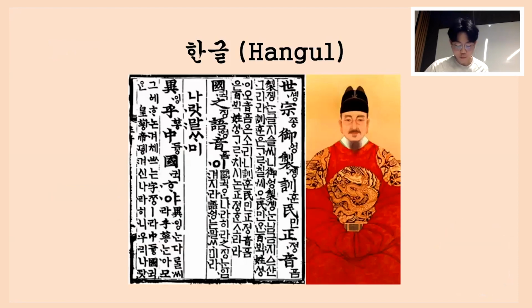Okay, starting from the basics, this guy on the right is King Sejong. He was the fourth king of the Joseon dynasty from 1443. Him and his group of scholars invented our language, Hangul.